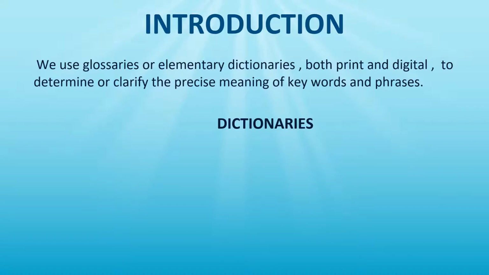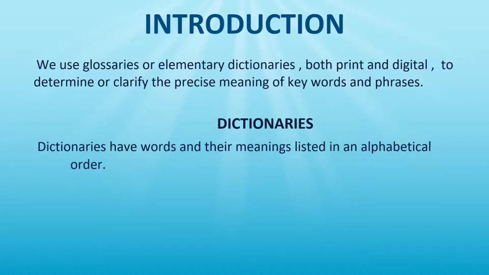Now, what are dictionaries? Dictionaries have words and their meanings listed in alphabetical order. In that book, you have all the words in alphabetical order from A to Z, and it also contains the meaning of different words in respect to different forms and elements of English we use, like noun, adjective, and verb.